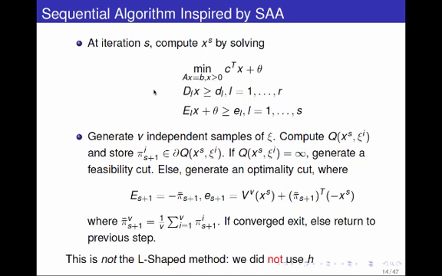So in this case, if we pull h minus Tx and consider it as a right-hand side, the subgradient of this Q function with respect to x is minus pi transpose T. So the pi you're seeing there is minus pi transpose T, where pi are the dual multipliers here.